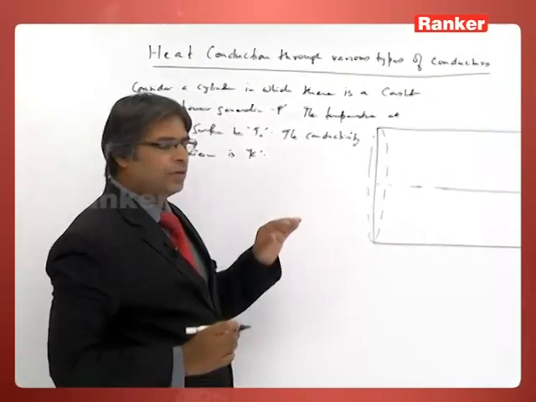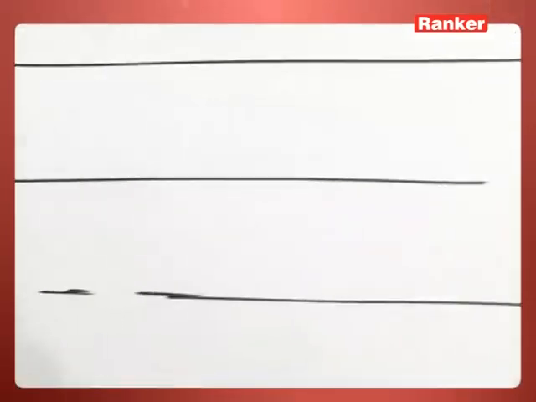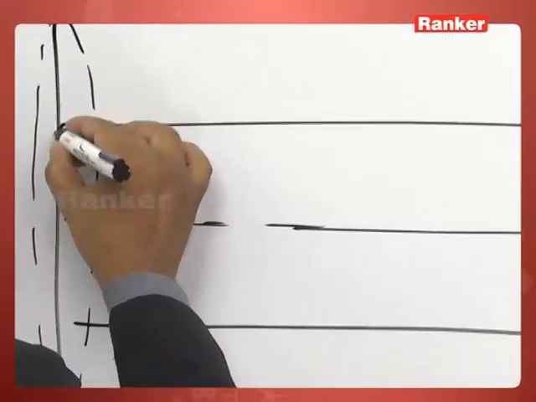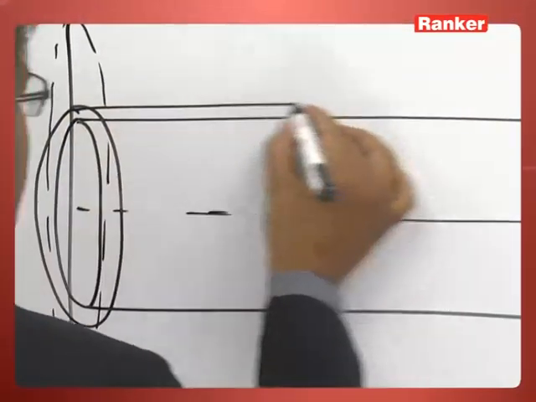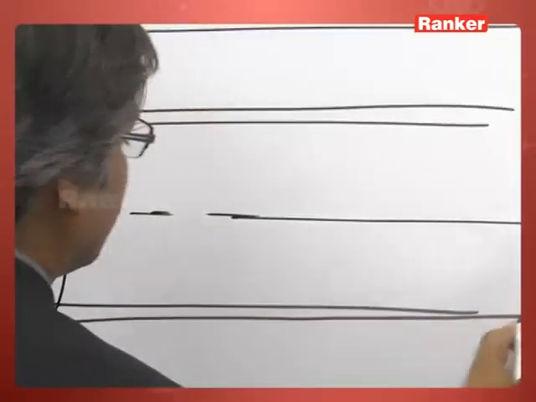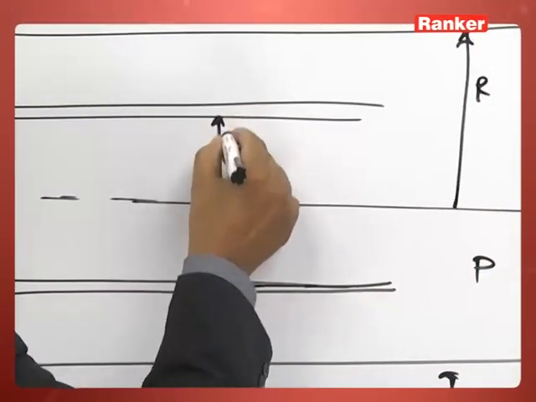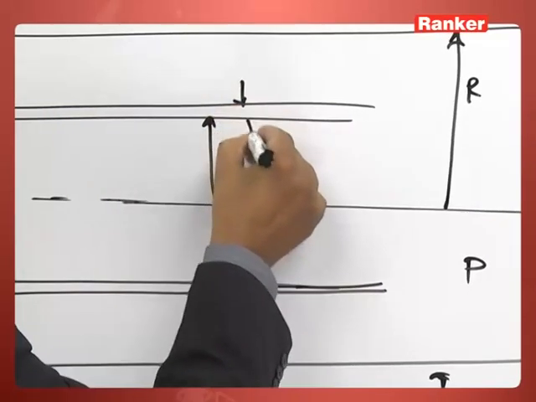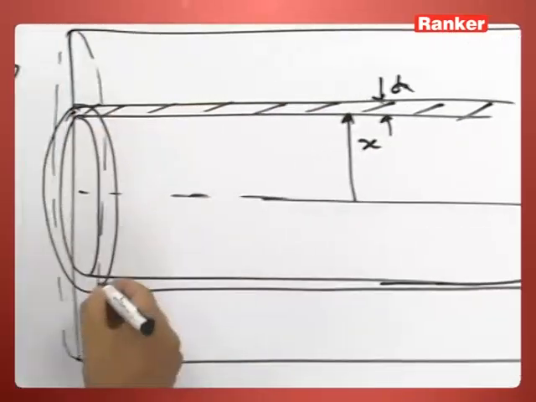So, now what we do? We consider an annular region, that is the cylindrical shell whose radius is x and radial width is dx. So, I just shade it.